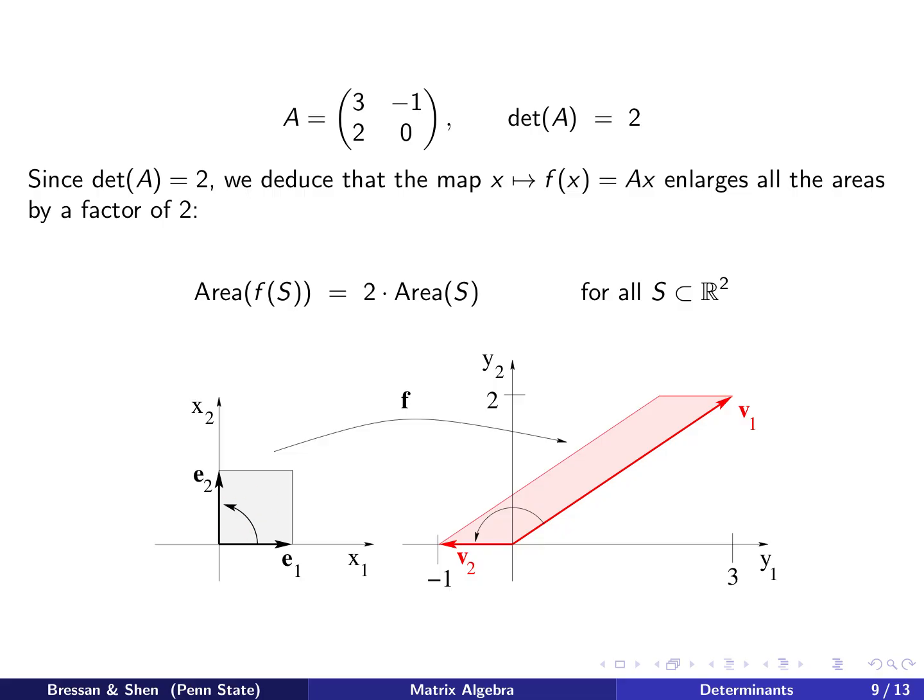So the area of the image of S would be 2 times the area of S, for all S in R2, any shape here. So for the case of a unit square here, one can easily verify this parallelogram will have area twice as that one.